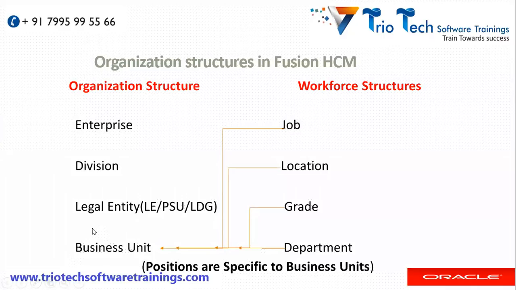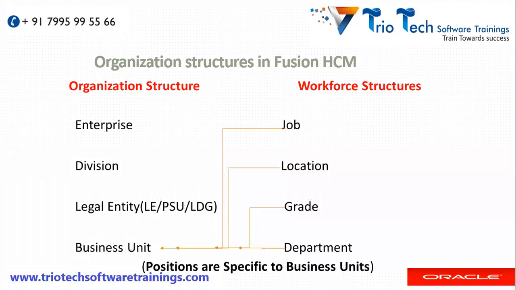And then the third one after division is legal entities. So legal entities are nothing but the actual companies of the client. Under Reliance Group, Reliance Retail Private Limited, or Reliance Infra Private Limited, Reliance Jio Private Limited, right? Reliance Telecom Private Limited.